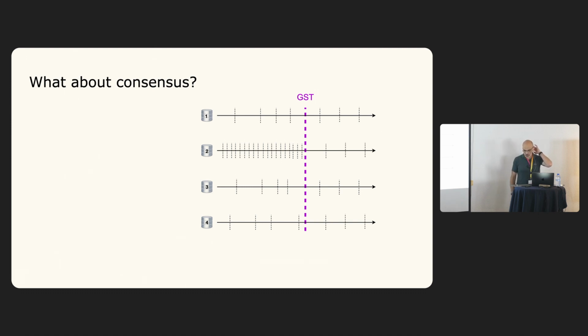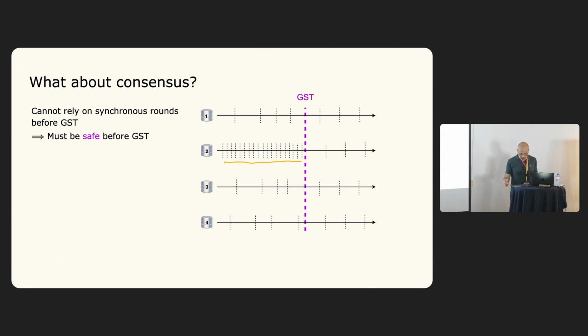Now, of course, we have a problem of the following nature: before GST, we can't rely on any kind of synchrony, right? So that means that the best we can hope to achieve before GST is safety, right?